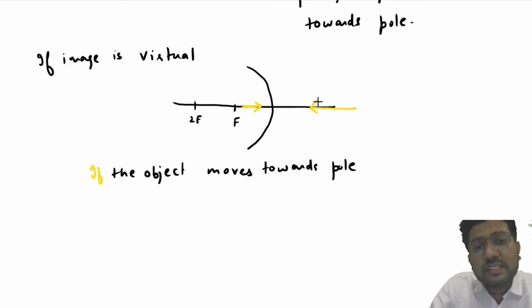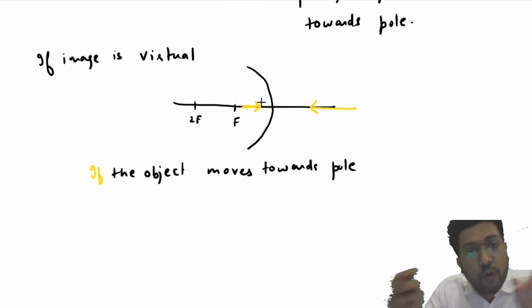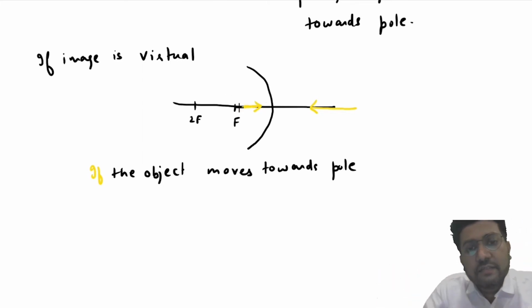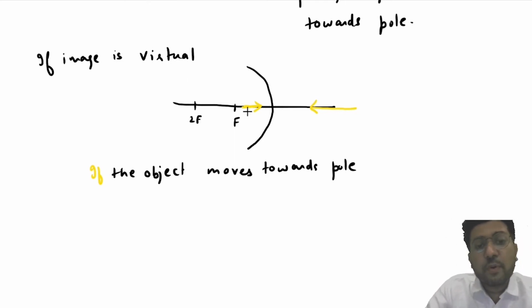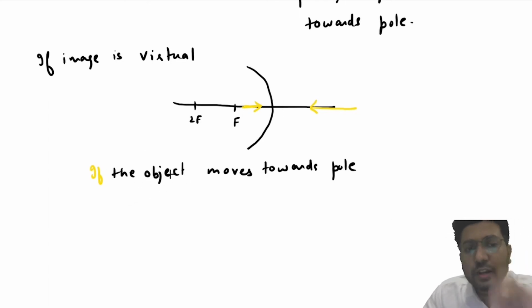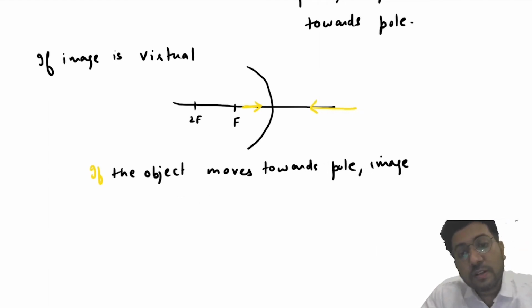Why? Because this time the image is virtual, and for directions to be opposite, if this is moving towards right, this has to move towards left, right? That means if this is moving towards pole, image is also moving towards pole. So in this case, when the image is virtual, if the object moves towards the pole, then image moves towards the pole only.